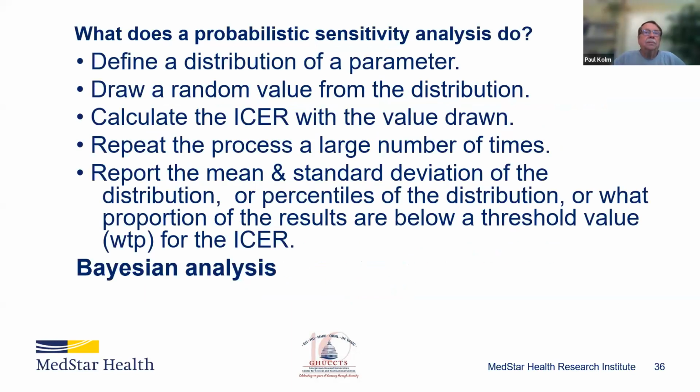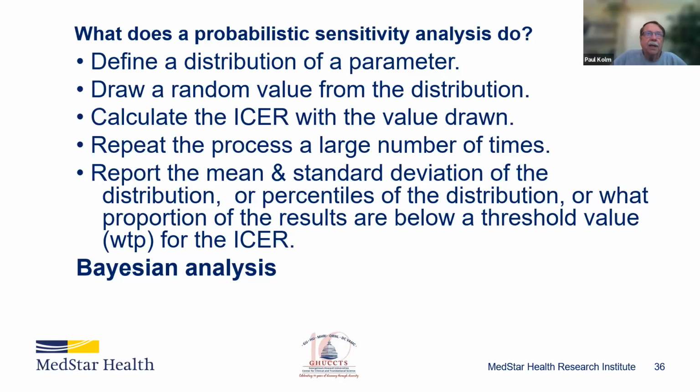And so let me just talk a little bit about probabilistic sensitivity analysis here, or it's also referred to as a Bayesian sensitivity analysis. Because in this case, for all the parameters, we're going to assume some particular theoretical distribution. Then we're going to simultaneously draw random values from these distributions.